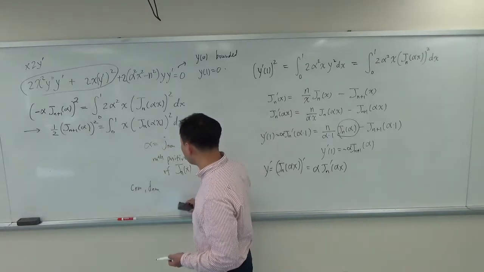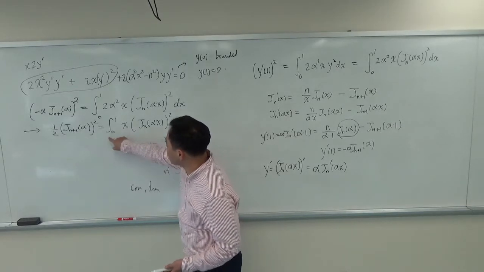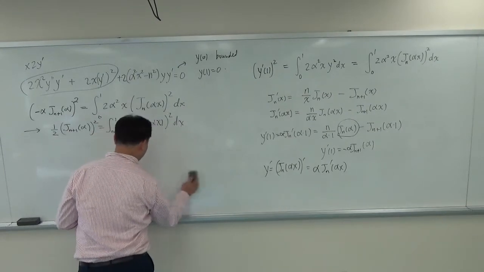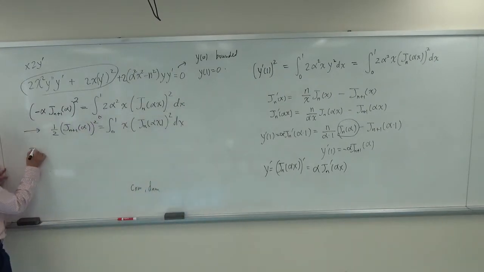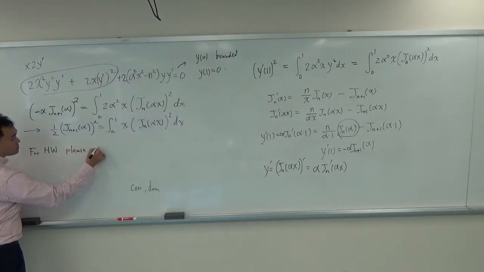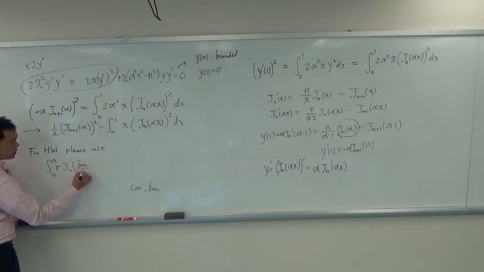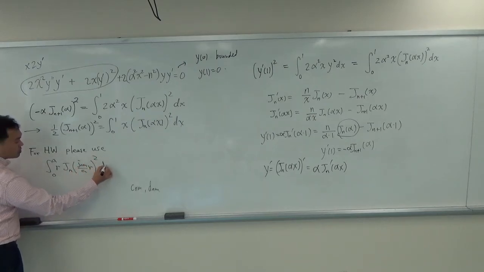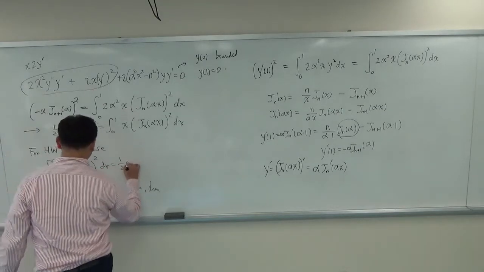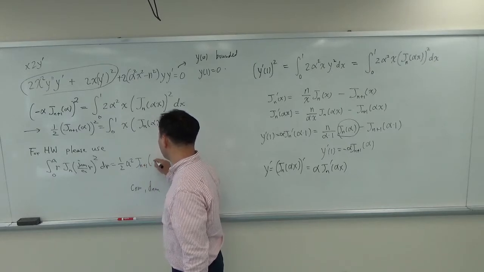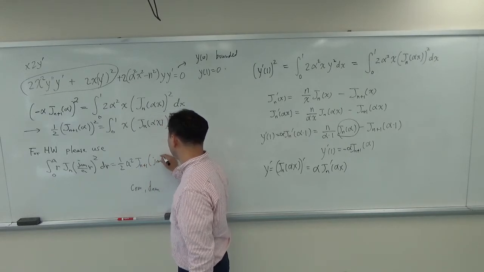So for homework, please use the integral from 0 to a of r J n (j and m over a r) squared dr equals 1/2 a squared J n plus 1 of j and m, squared.